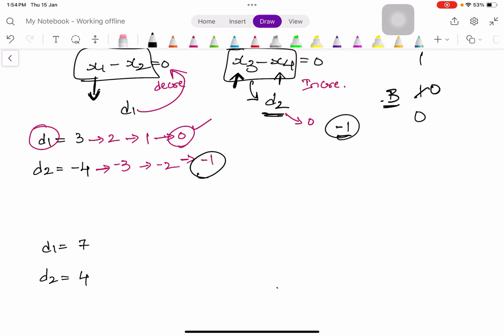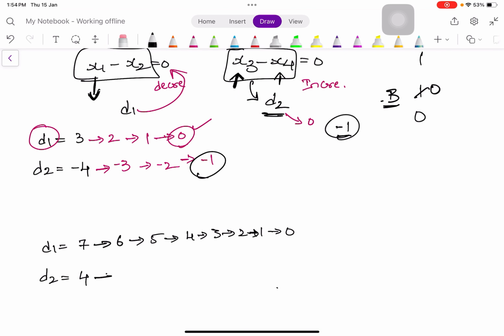Here we have D1 as 7, D2 as 4, right? If I do the same process that I've done earlier, then what will happen? 7 will become 6, 6 will become 5, 5 will become 4, then 3, then 2, then 1, then 0.